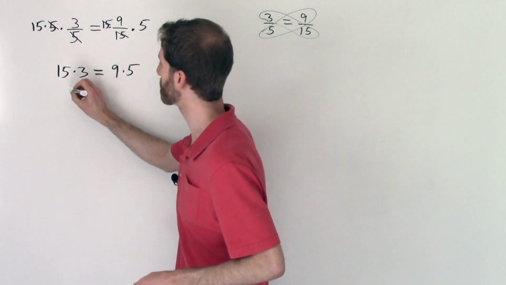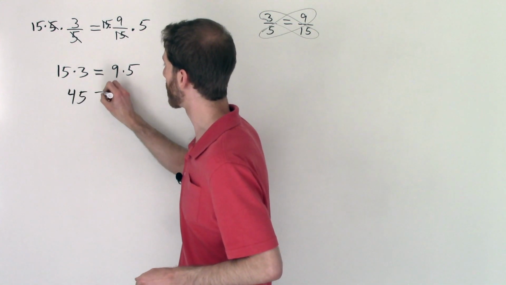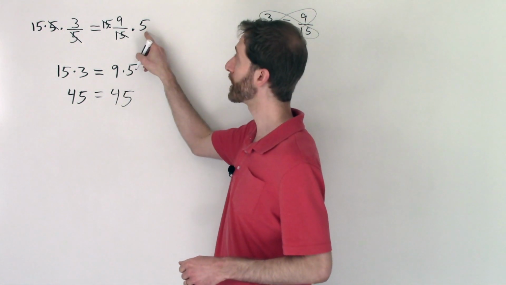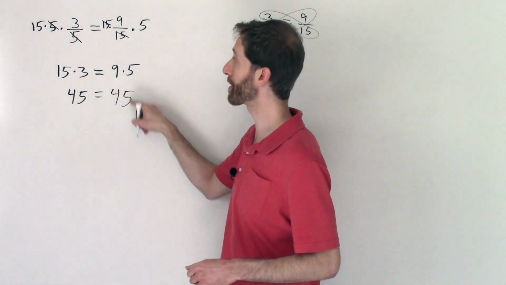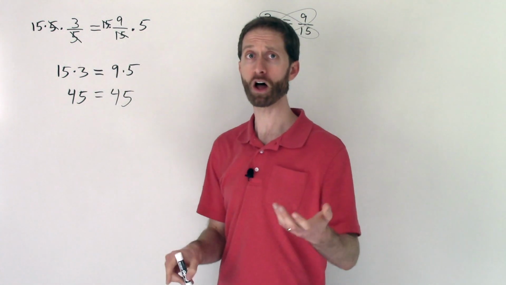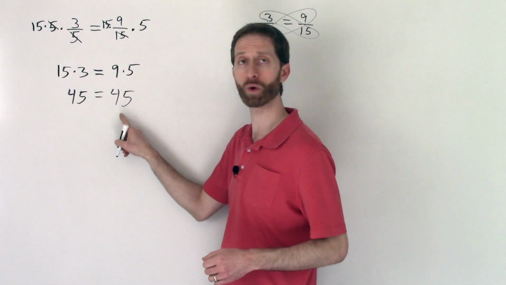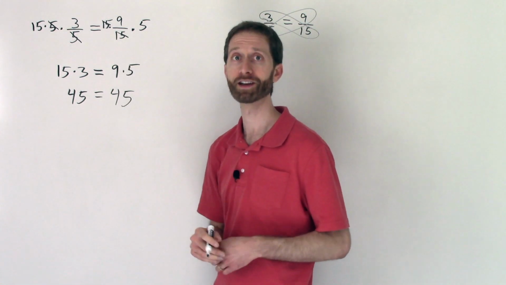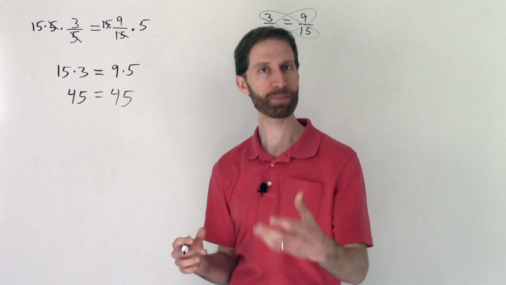So 15 times 3 is 45. 9 times 5 is 45. That's a true statement. And since we did a property of truth to get there, that means that the original statement was true. Had the original statement been false, we would have gotten a false equation here, telling us that, again, the original statement was false. Y'all, that is really epic!